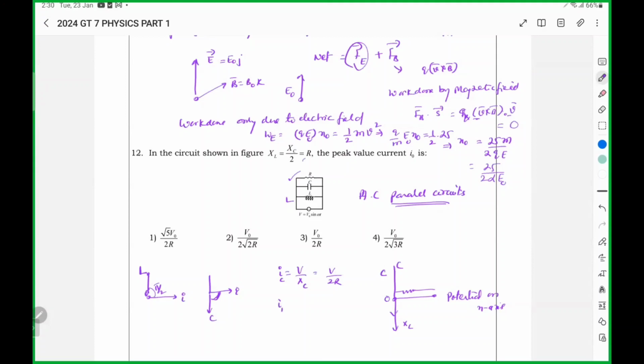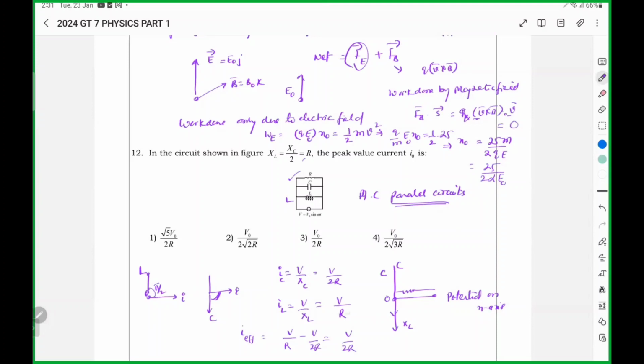Through this inductor, it is V by impedance, which is nothing but the inductive reactance. That XL is R. So I effective will be V by R minus V by 2R. If you simplify it, you get V by 2R.